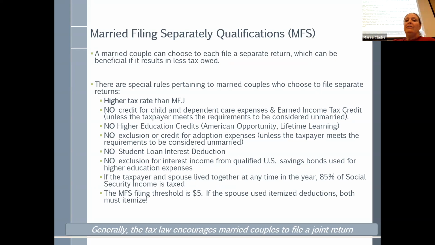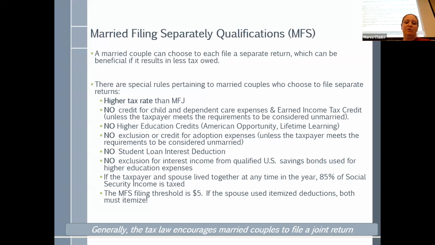A married couple can choose to file separately instead of filing a joint return together. Sometimes that can be advantageous, but there also can be challenges, because generally the law encourages people to file a joint return. So this means there's a higher tax rate and there are a bunch of credits that they are not eligible for if they do this.